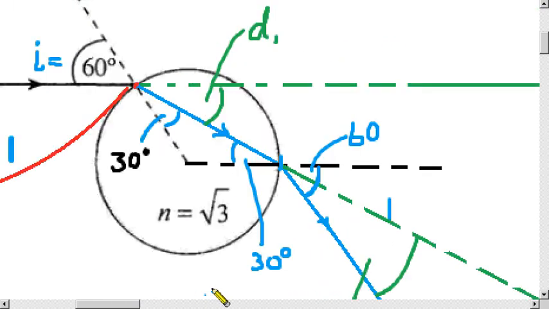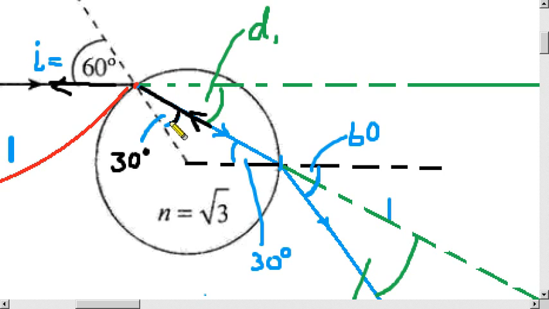That is due to the reversibility principle of light. If we reverse the incoming ray like this, it is going this way, but if we reverse it to this way, what happens? It exactly follows this incident line like this.